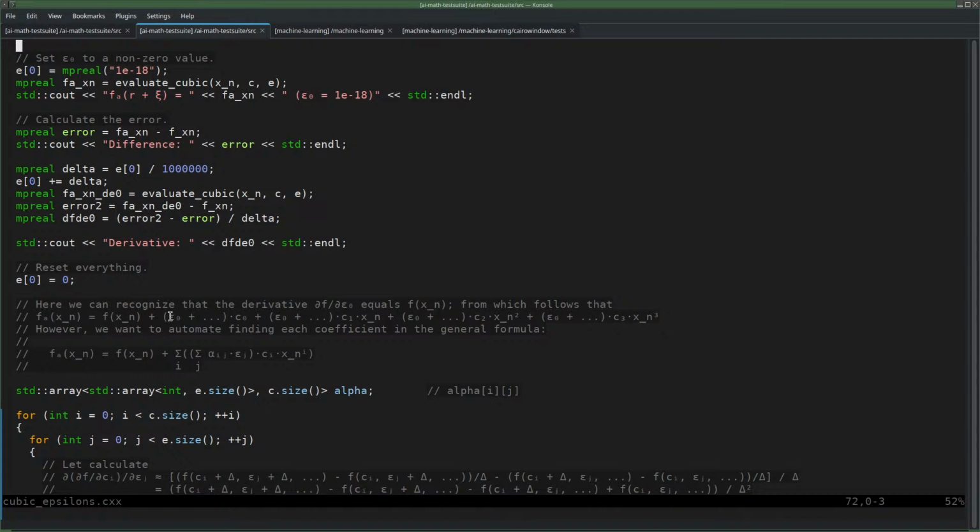So it must be just epsilon and so on. Just epsilon 0 or just epsilon 1, and then multiplied by C0.